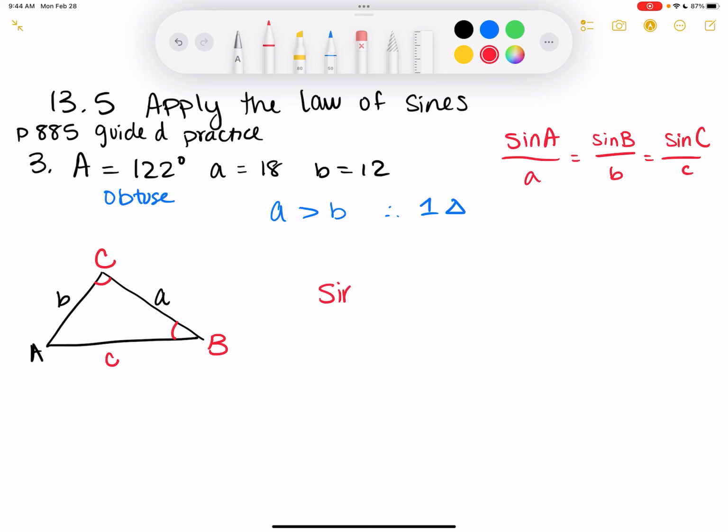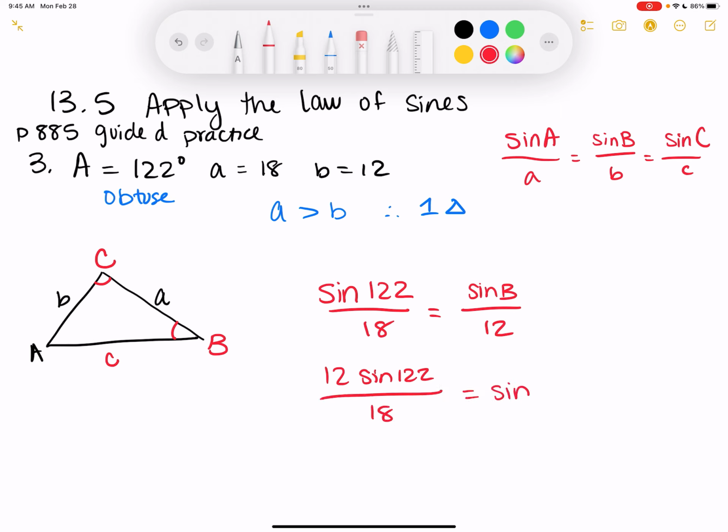So I'm going to have the sine of 122 over 18 is equal to, I can't do C yet because I don't have any information about C, but I do have information about B, so I'm going to do sine of B over 12. So 12 sine of 122, and make sure you're in degree mode, over 18 is equal to sine of B. And then how do I undo this?